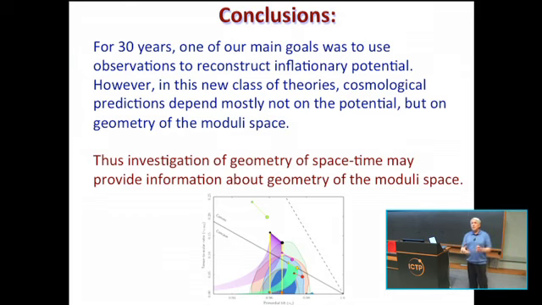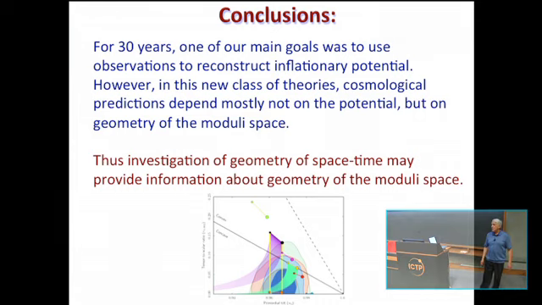So what we are looking for, what we are studying, is the structure of kinetic terms. And the structure of kinetic terms in supergravity is the structure of your Kähler manifold. So this is the main conclusion. The investigation of the geometry of spacetime, through our cosmological observations, can tell you, possibly, hopefully, something about the geometry of the moduli space in the underlying physics. Thank you so much.